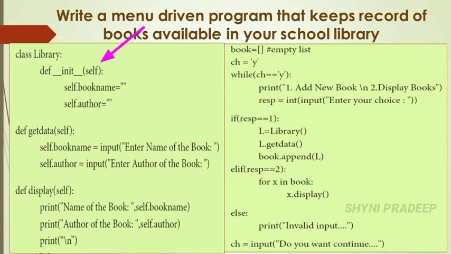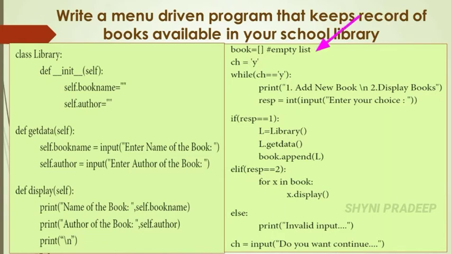Two variables, the book name and author. self.bookname is equal to, self.author is equal to. Next, two functions are defined, getdata and display. In the getdata function you have to enter the book name and the author name. In the display function it displays the name of the book and the author of the book. Print \n for a new line.